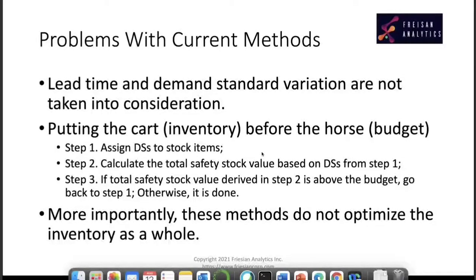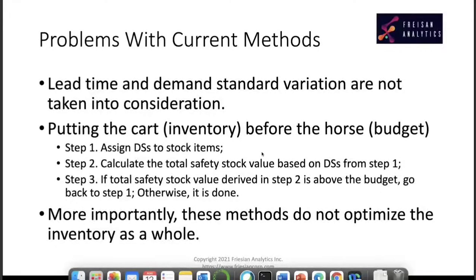And the order is reversed, right? We have inventory. We work with inventory first, and then at the end, we have a budget. We can compare budget with our safety stock total value. There's got to be something wrong with that process, because as business executives, the first thing we think of is money, right?